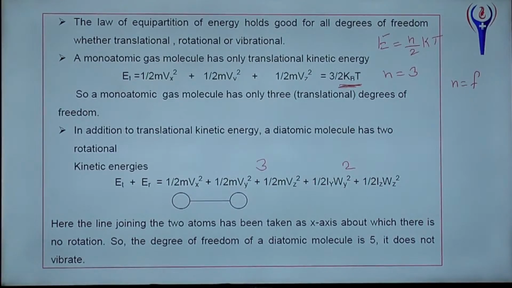So for diatomic, E diatomic is equal to 5 by 2 kT. This is the kinetic energy for a diatomic molecule in terms of degrees of freedom, 5 by 2 kT. Noted?